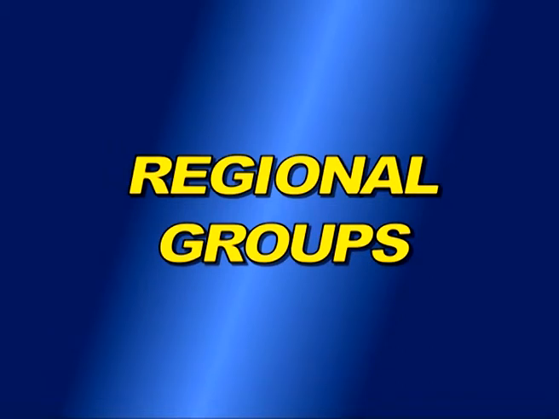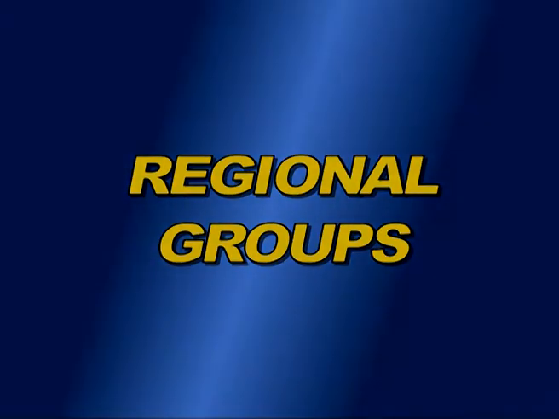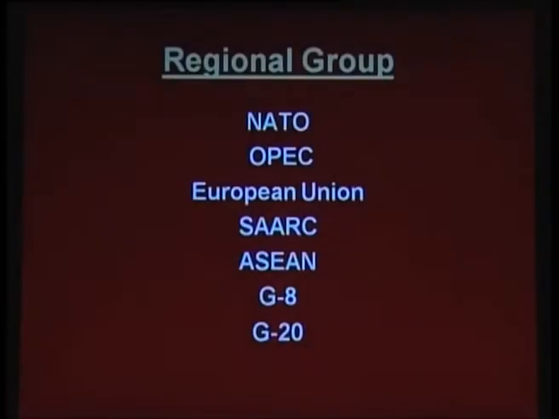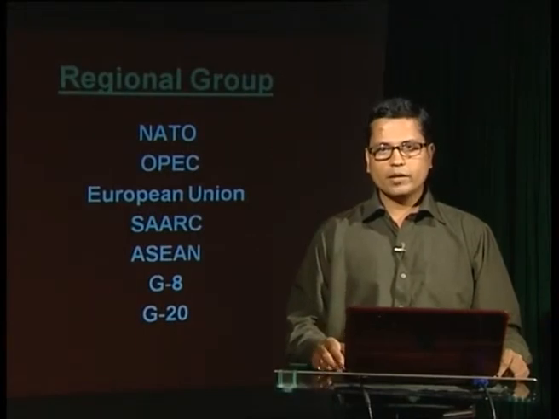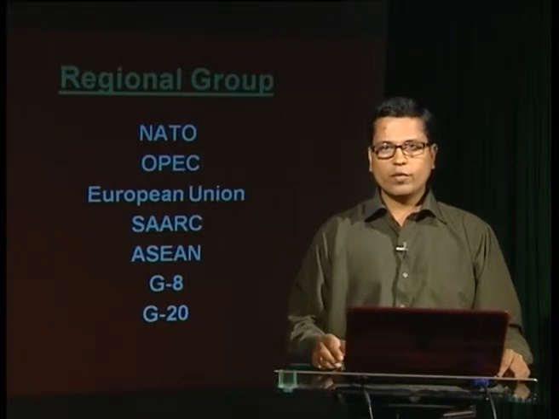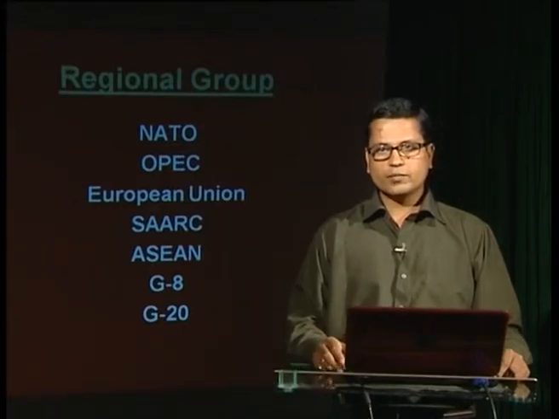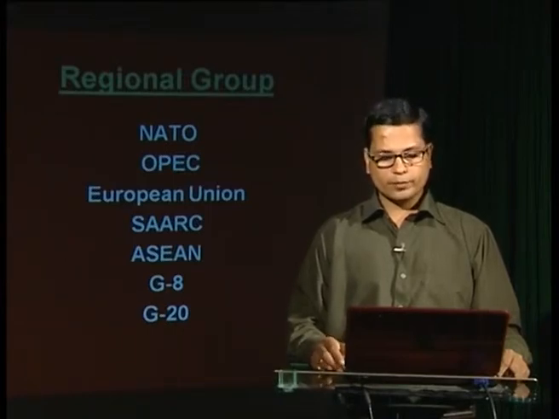If you look at the different types of regional groups, then as examples, the names that come to our mind are NATO, OPEC, European Union, SAARC, ASEAN, G8, G20, etc. Of course, there are many other regional groups, but if we look at these examples, then we find NATO as a military base to form a group, where OPEC is a group of oil producing and exporting countries, where the common thing is the trading of oil and fuel products.